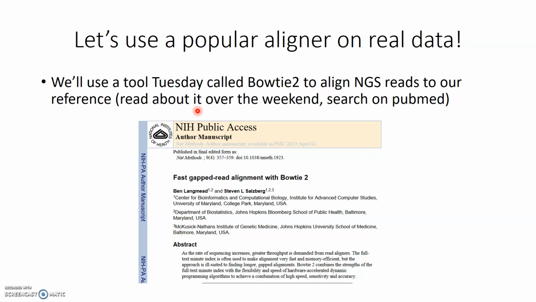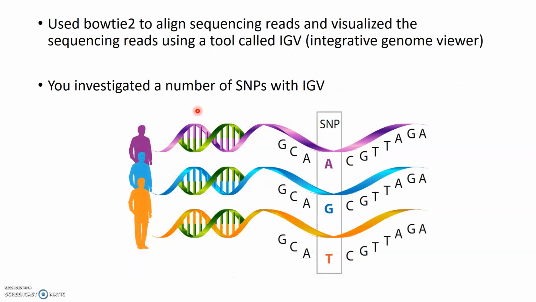It's been well used in research and the medical sphere, and we did use it for our activity for aligning our whole exome sequencing reads to our reference. We used Bowtie 2 to align sequencing reads and visualize them using a tool called IGV.